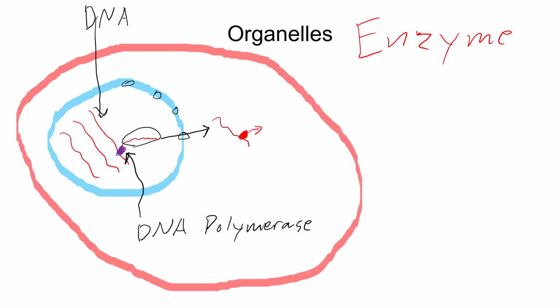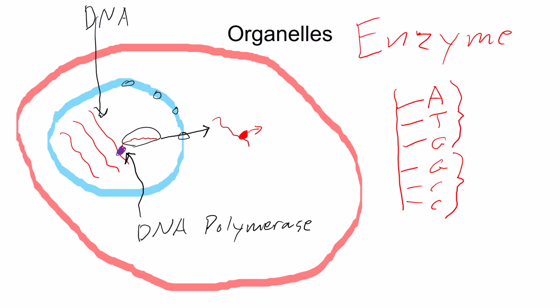You might remember on DNA that there are the bases that we represent with letters, like this. And every 3 letters gives instructions for one amino acid, which is a molecule.